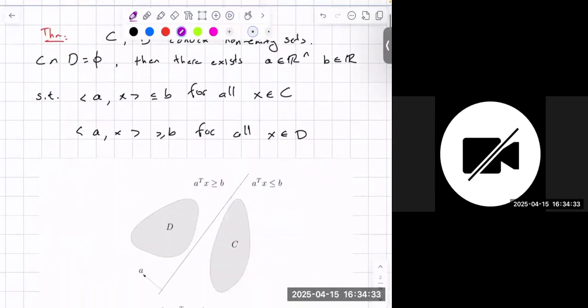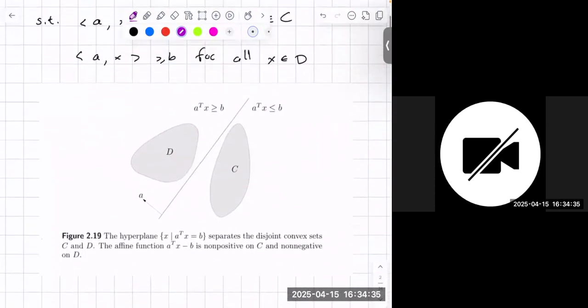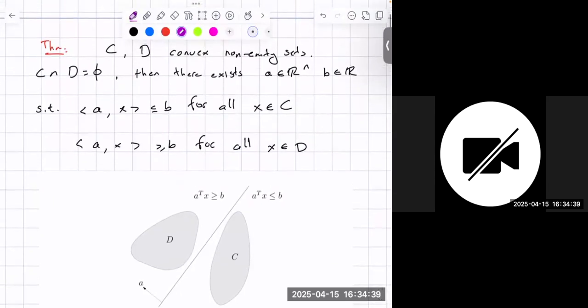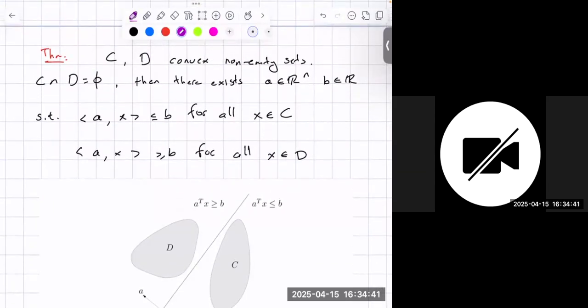Okay, so to get going, first fact from convex geometry: if you have two convex things, okay, and they don't intersect, then you can always separate them with a hyperplane, okay? So in the plane, if you're in 2D, you've got two convex things.